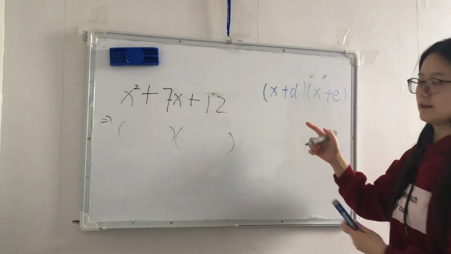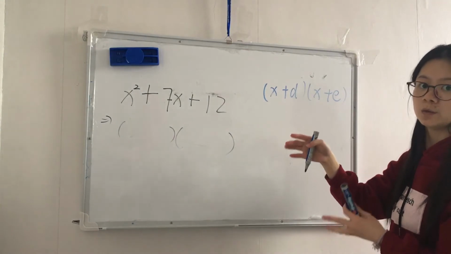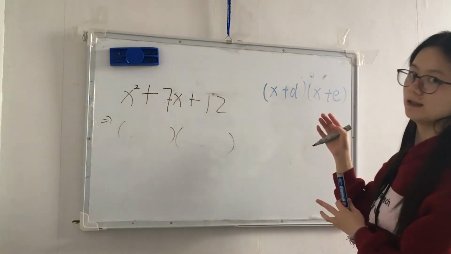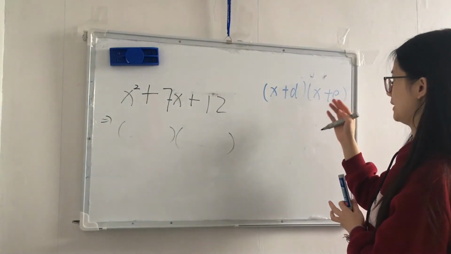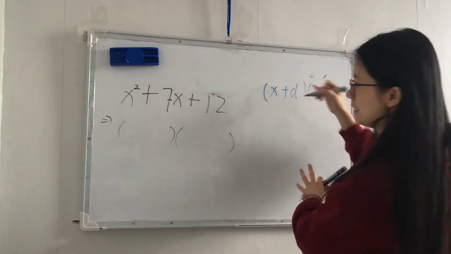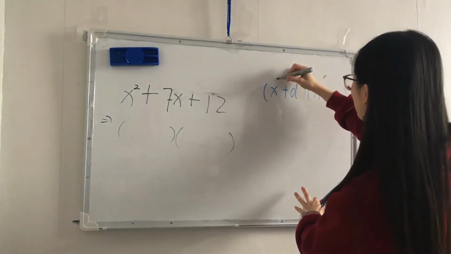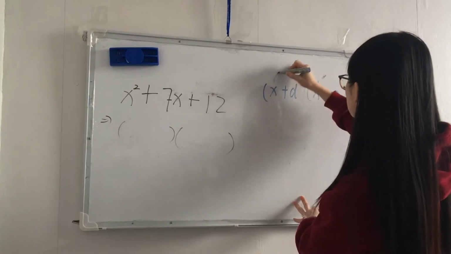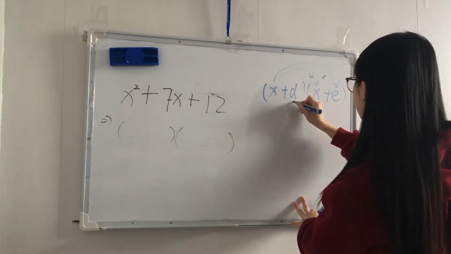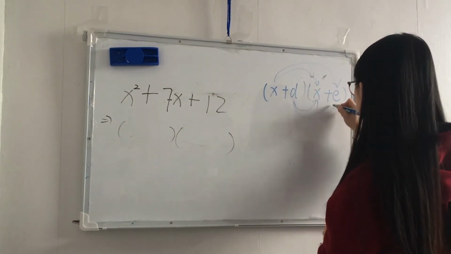We know this, like at the beginning we reviewed how to apply the distributive property to expand this to a trinomial form, right? So this term times this term, and then this times this.